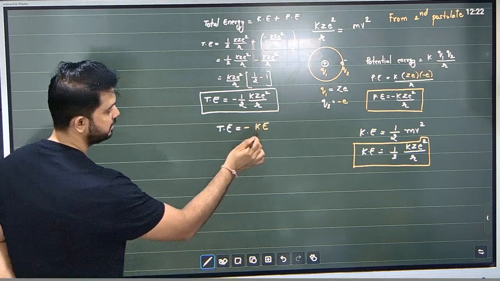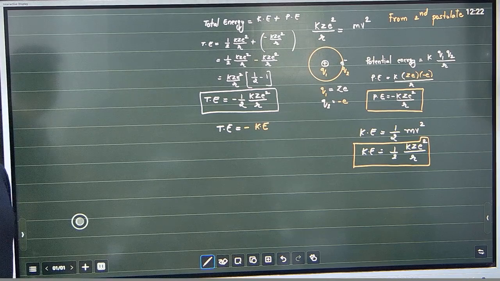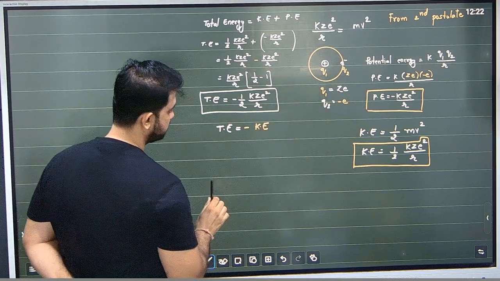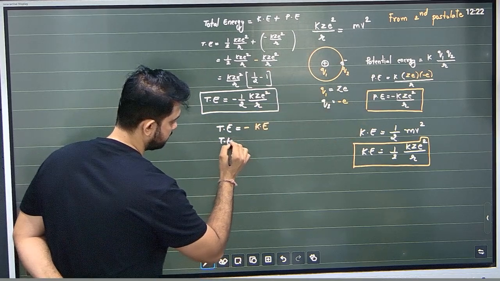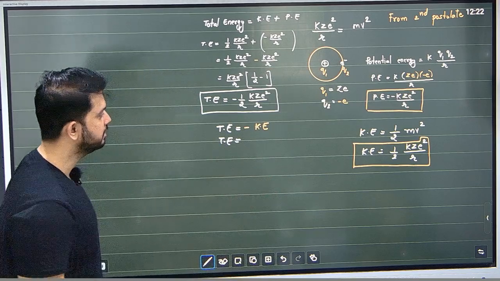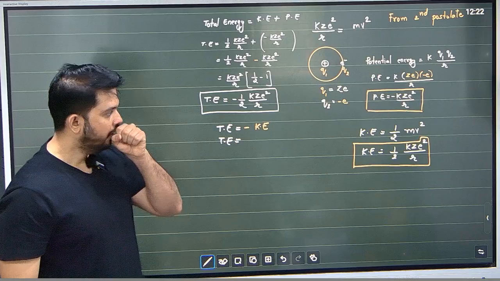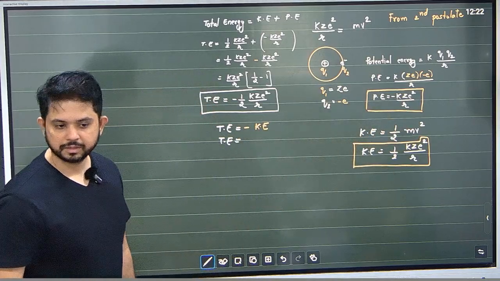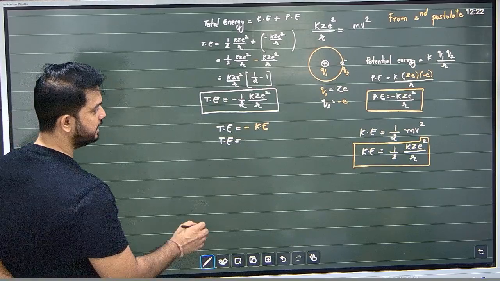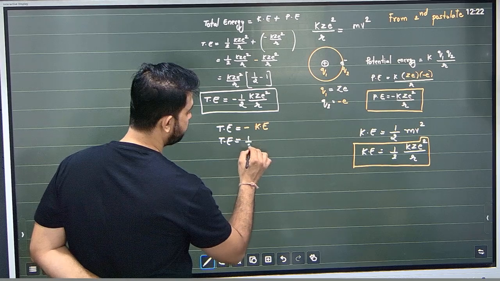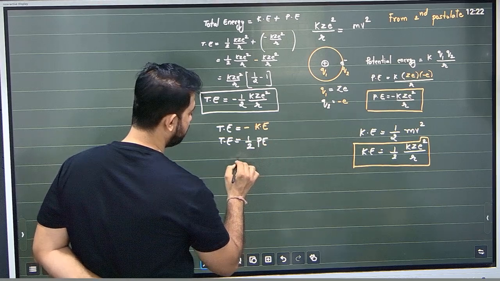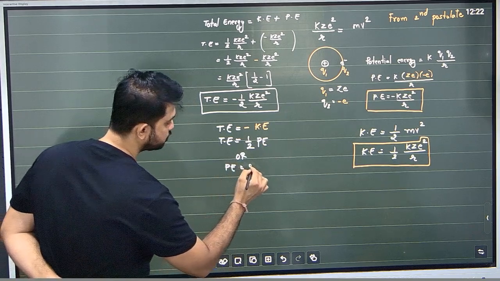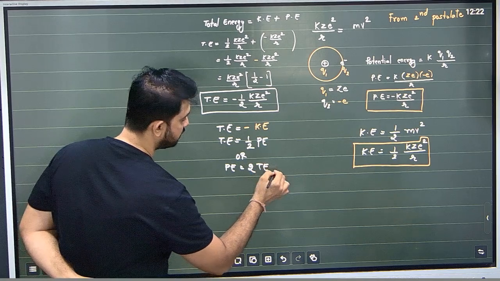Can I say that? Now compare total energy and potential energy. Can I say total energy is half of potential energy, or the same expression can be written as potential energy is twice of total energy?